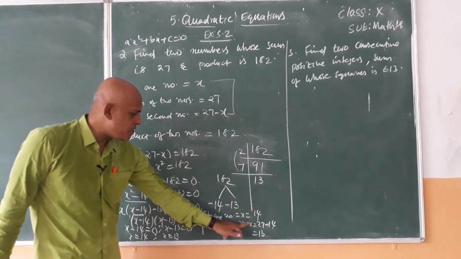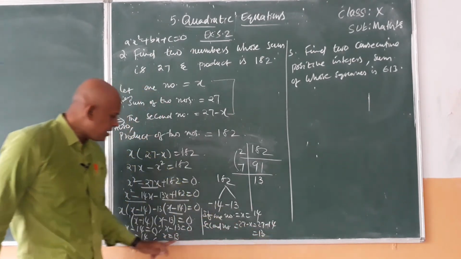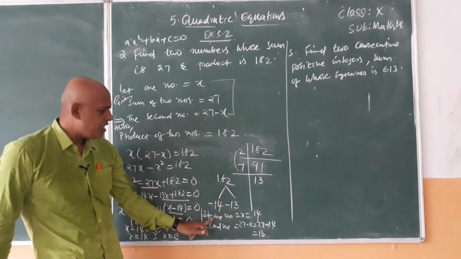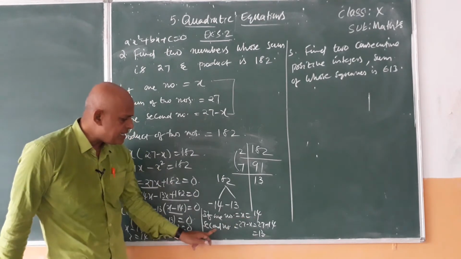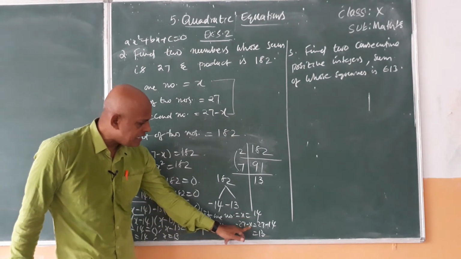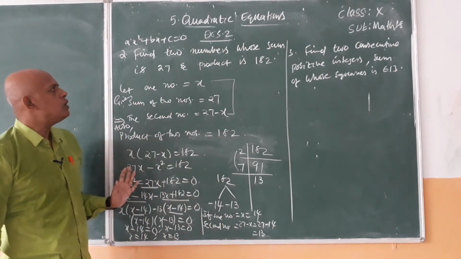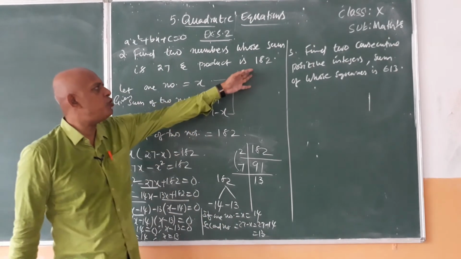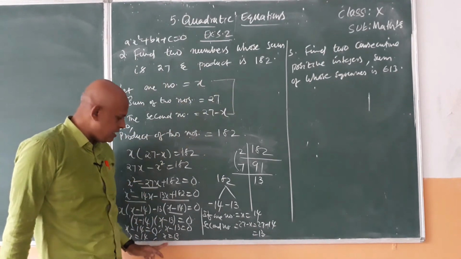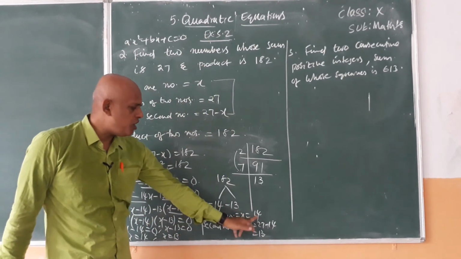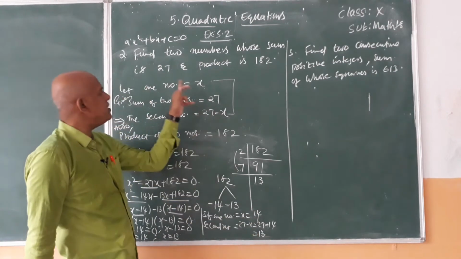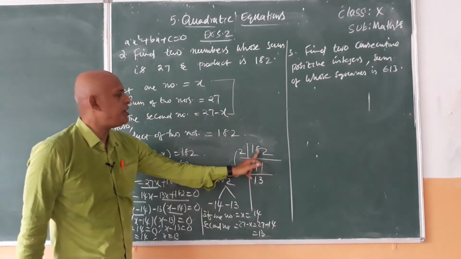Suppose we take x is equal to 13, then the second number is 27 minus 13, which is 14. Anyhow, the two numbers whose sum is 27 and product is 182 are 14 and 13. Add them and we get 27, multiply them and we get 182.